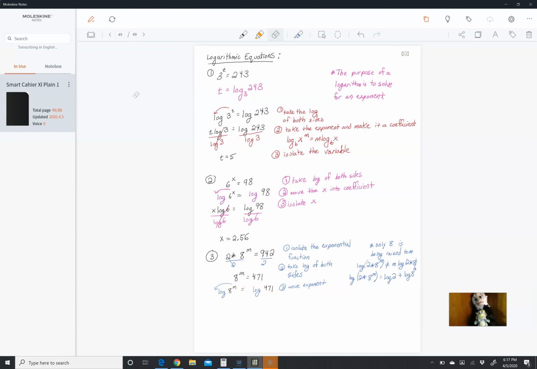Move the exponent into a coefficient, we're also saying move the exponent to the front. All of this means the same thing. I'm saying it in different ways just so that you get accustomed to different terminology.